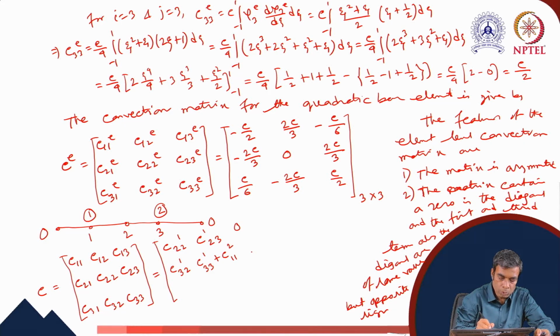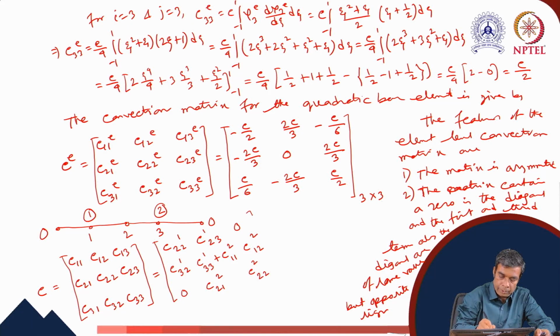Then C23 will be C122. The last row C31 will certainly be 0. Then C32 will be C212, and then C33 will be C222.